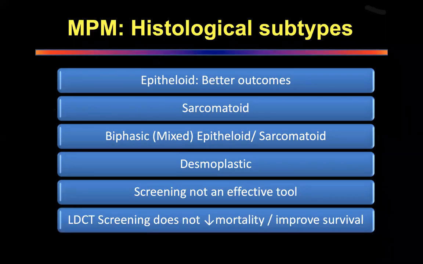So it is really low-dose CT screening does not improve mortality or improve survival in the cases of mesothelioma. And this is of the NCCN guidelines. There are about 5 papers which have looked at this. So if you're ever asked about screening for mesothelioma, the answer is no screening, because LDCT is not an effective tool. Okay, LDCT is low dose CT.